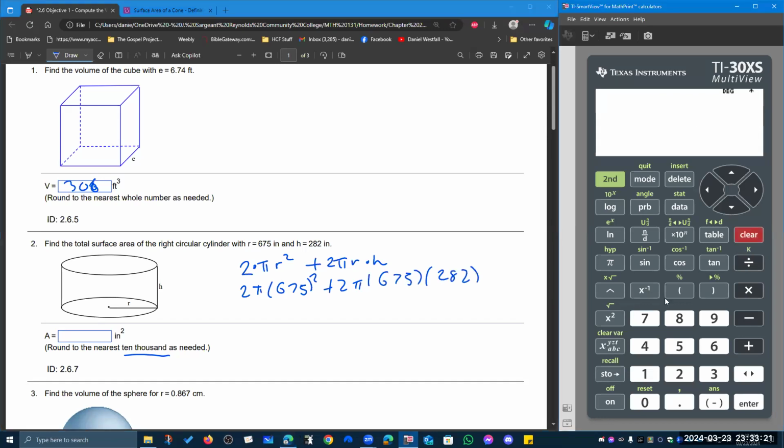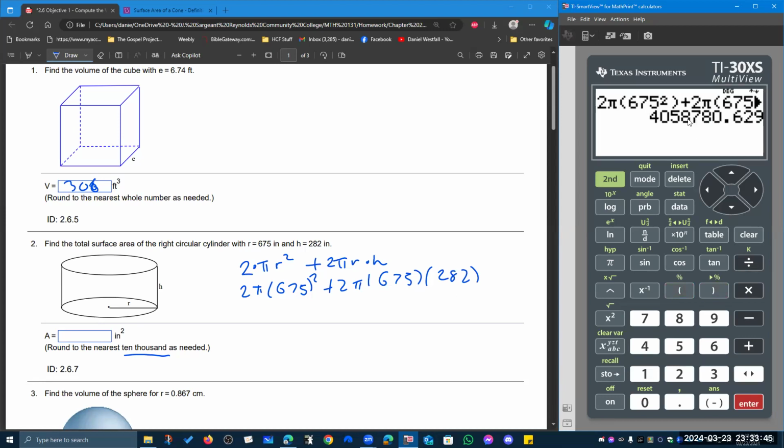Let's type that in my calculator. 2 pi times 675 squared plus 2 pi times 675 times 282. And then round to the nearest 10,000.